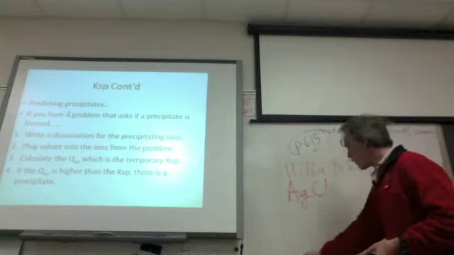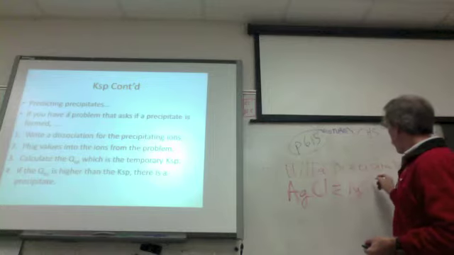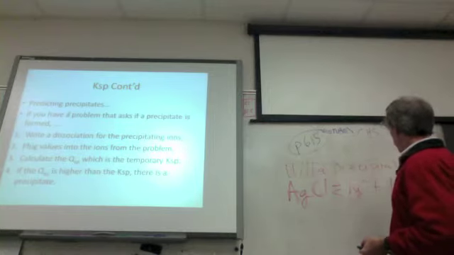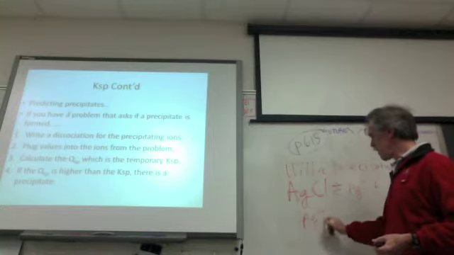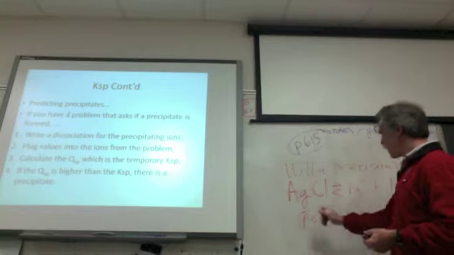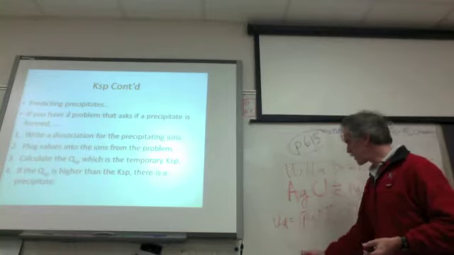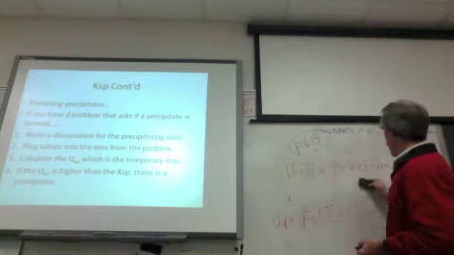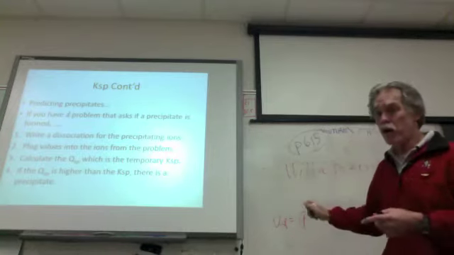And we already did a KSP for AgCl. It splits into 1 Ag plus 1 Cl minus. Pretty simple one. So we end up with Ag times Cl equal to KSP. Okay, that's our KSP expression. Now, we're trying to find out, will a precipitate happen?